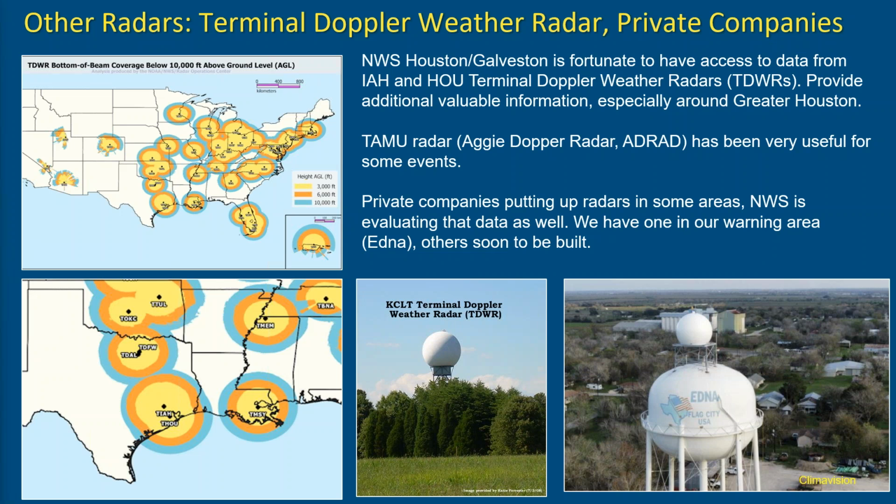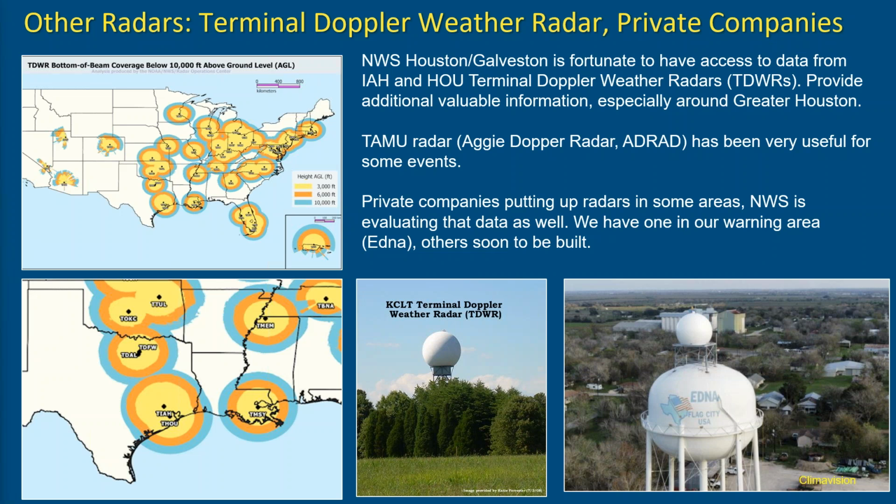And they actually have a lower elevation scan, and we get data more frequently. So it's really tuned for the needs of the aircraft, but it's very useful for us as well to supplement what we're seeing on our 88D radars. So to have two in our area is really beneficial to our warning operations.